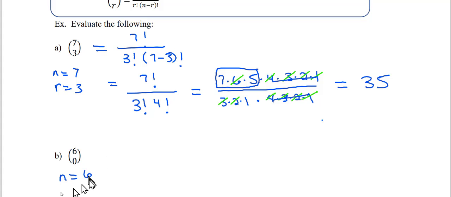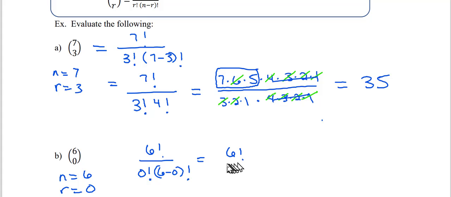Here, n is 6, r is 0. 6 factorial over 0 factorial times 6 minus 0 factorial. Well, this is 6 factorial over 0 factorial times 6 factorial.